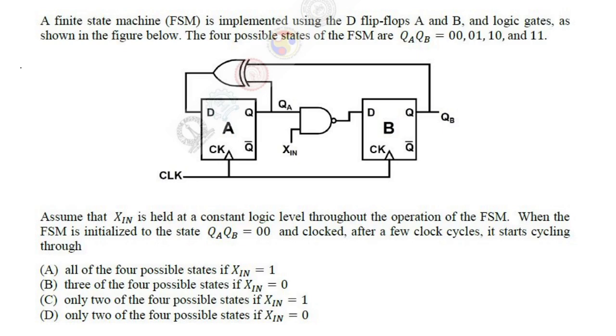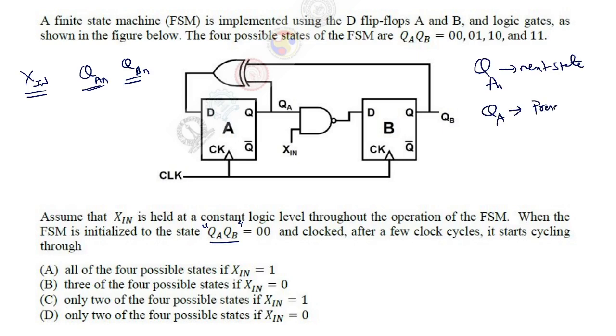So what you need to do is you have the input, and you have this combination QA QB. Now I am concerned about the next state. When I say QAN, what I mean is the next state. When I say QA, this is the present state.